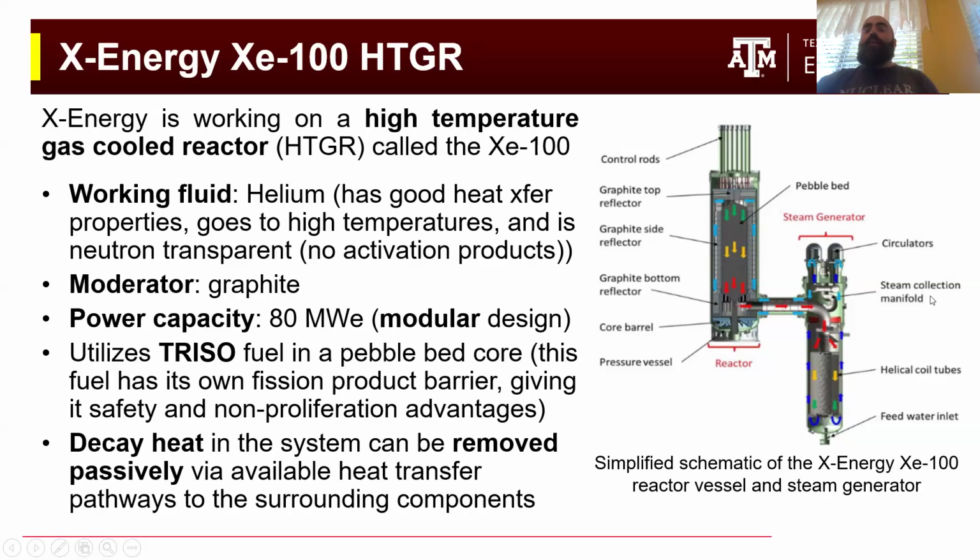It can operate at very high temperatures, and also helium doesn't really interact with neutrons, so it doesn't absorb neutrons and then activate and become something else. So you don't produce any activation products. It means that the coolant doesn't get activated, which is good from a radiation safety perspective.